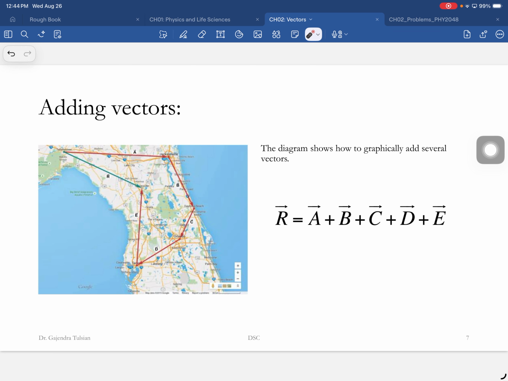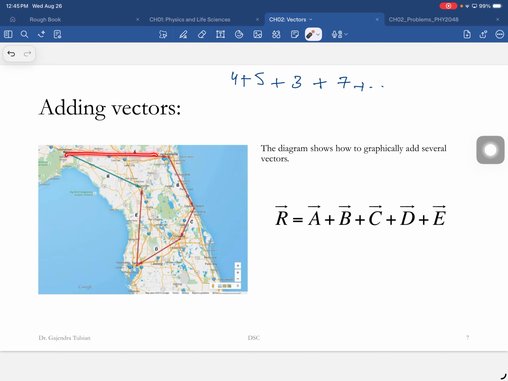Now, once you learn how to add two numbers, you know how to add an infinite number of numbers. You can keep adding numbers. The same is true of vectors as well. If you want to add multiple vectors, you keep doing the same rule.